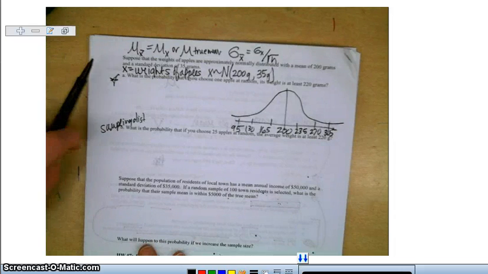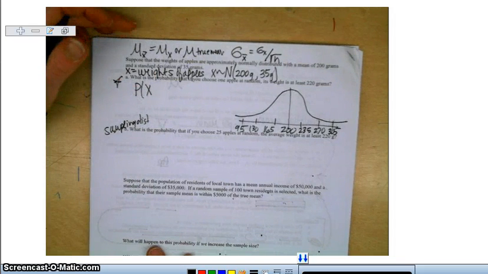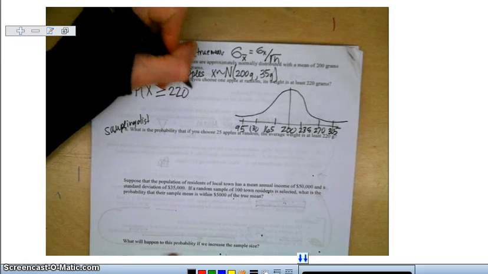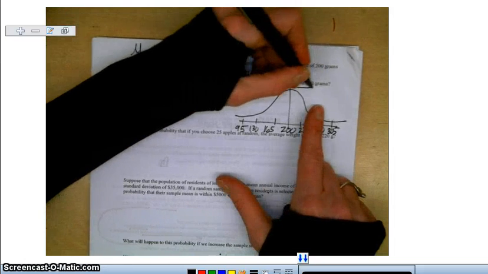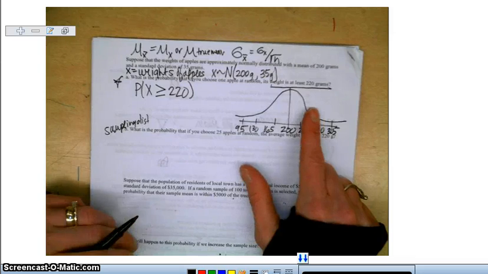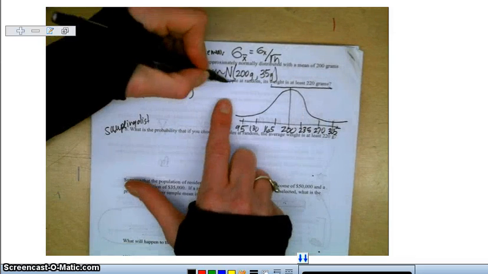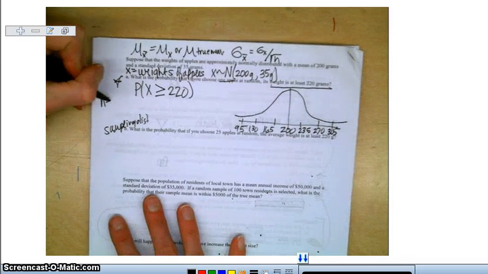What probability do they ask us to find? The probability that x is what? At least. What does at least mean? Greater than or equal to 220. Okay, on a test, you're going to have to be able to translate, and we're only picking one apple. So what's n here? 1.